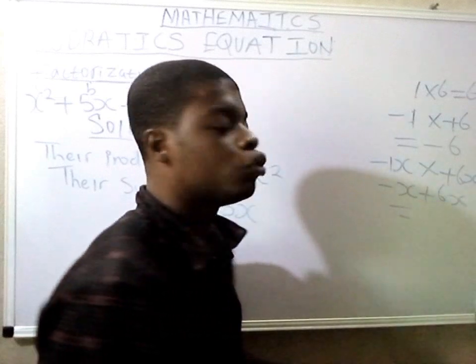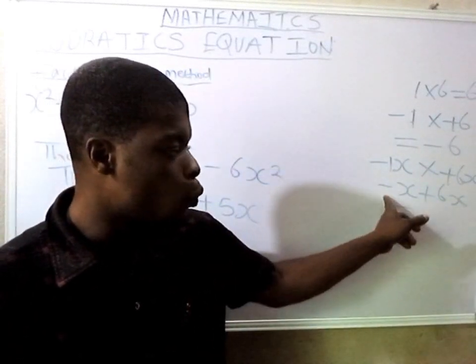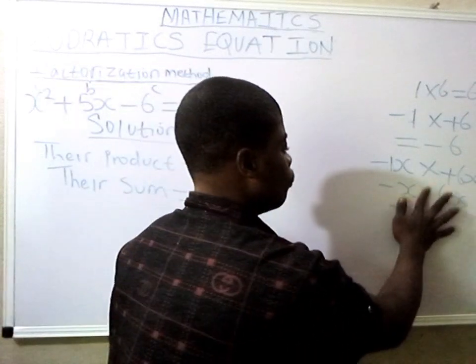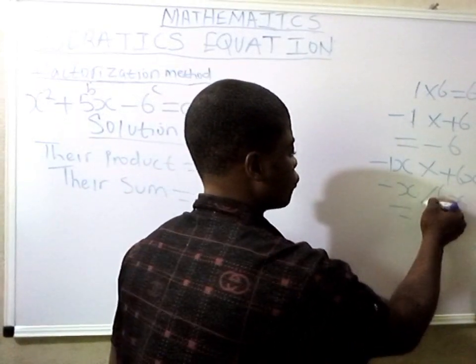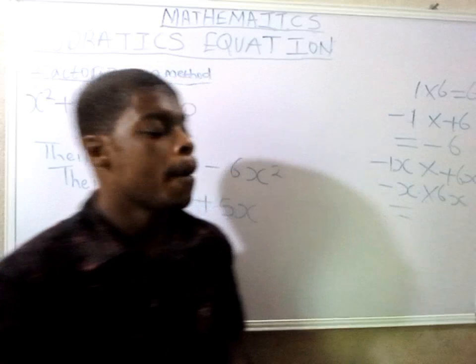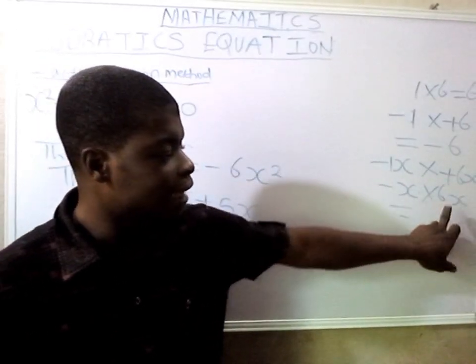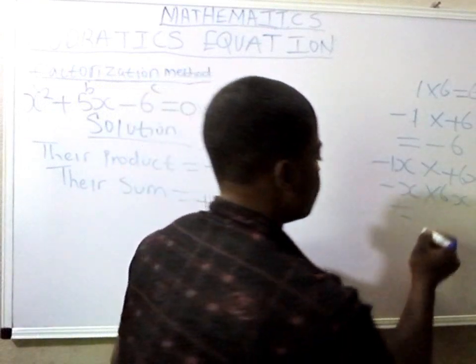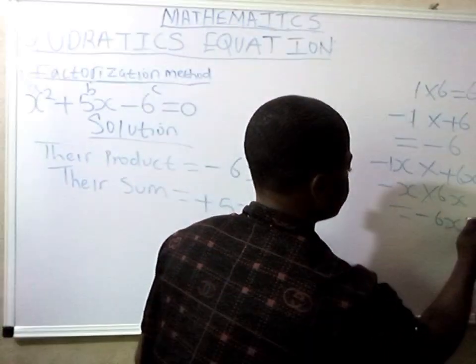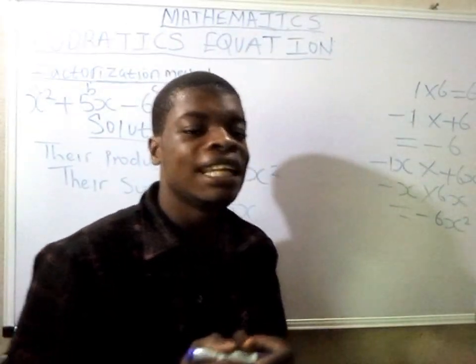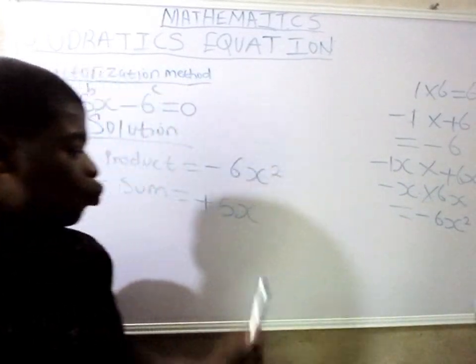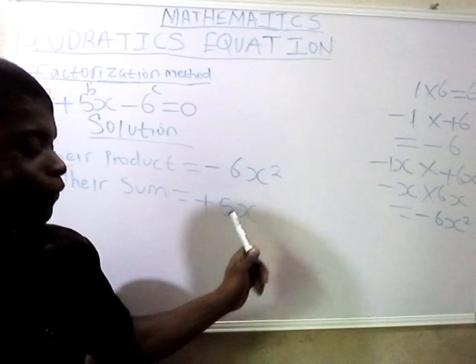So we have introduced the variable. So let's multiply it. Minus x times 6x will give us minus 6x squared. So we have succeeded in getting their product. Let's sum it and see if it will work here. We want their sum, which is plus 5x.